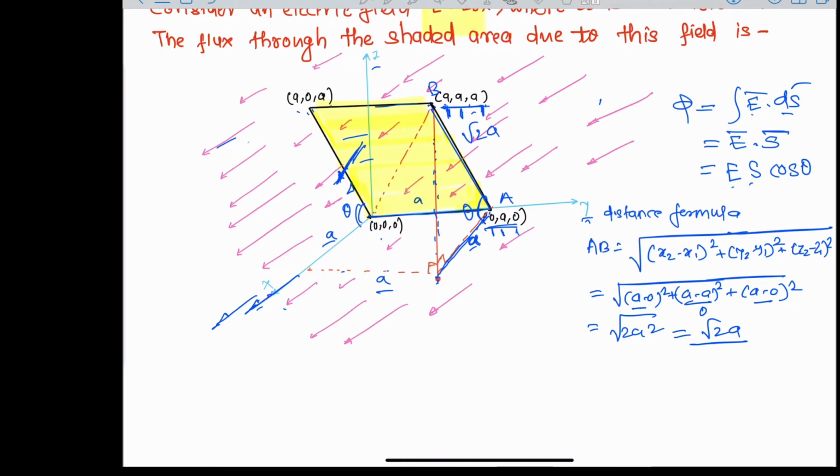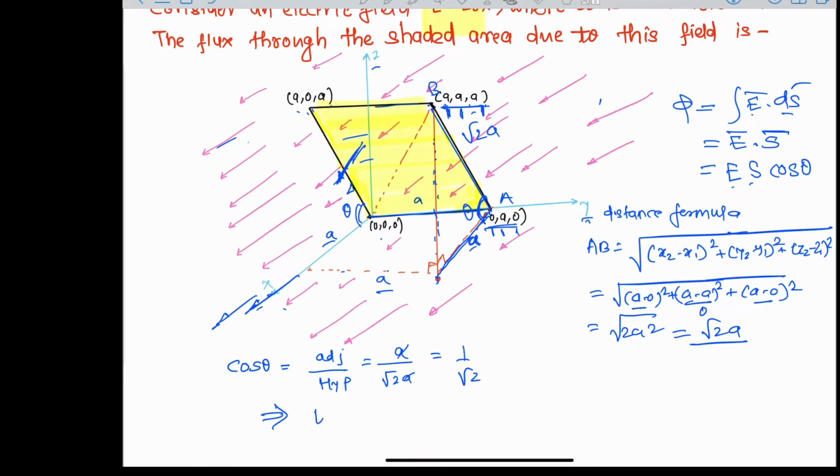Here I have the adjacent side to this angle theta and the hypotenuse. That means if I write cos theta as adjacent upon hypotenuse, I will have a upon root 2a, which is nothing but 1 upon root 2.